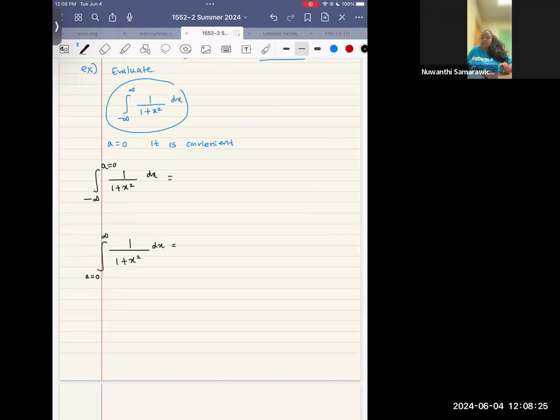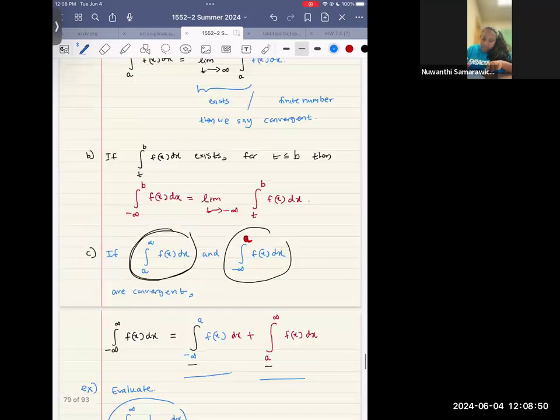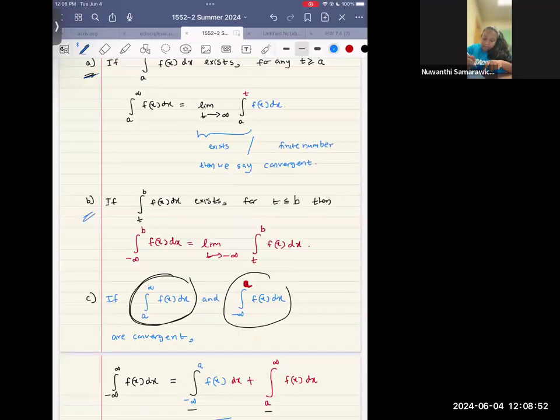Can you take maybe 2 minutes to practice this? You can use the definition which we use with a and b.